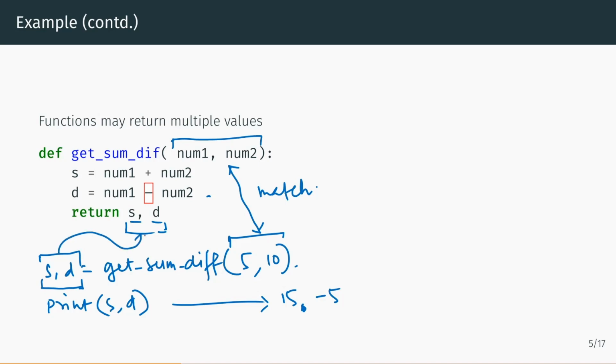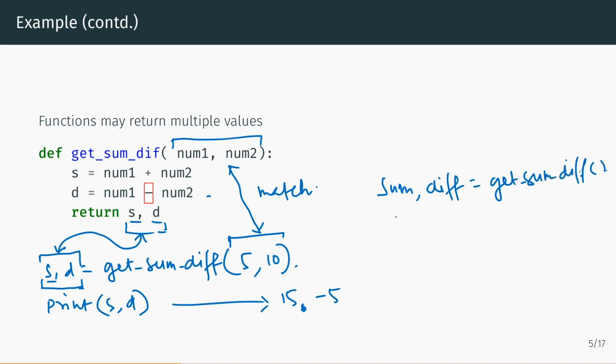Just a quick note on technicality, it isn't strictly speaking required for this one to match as well. By matching I don't mean these names, so you can also say sum comma diff equals get sum diff, and that's okay. This is not what I mean.